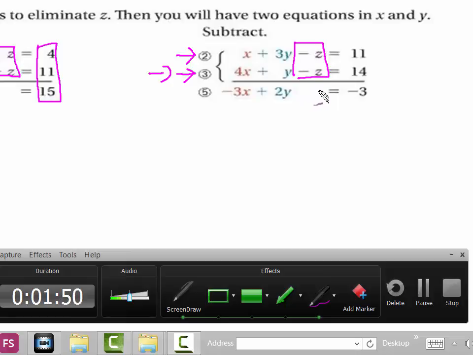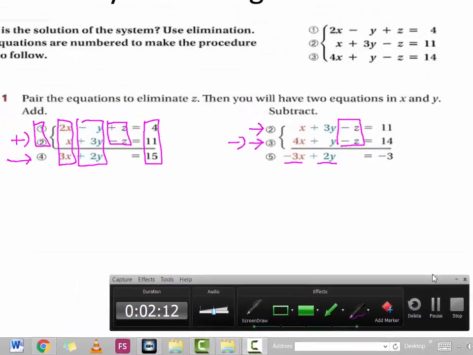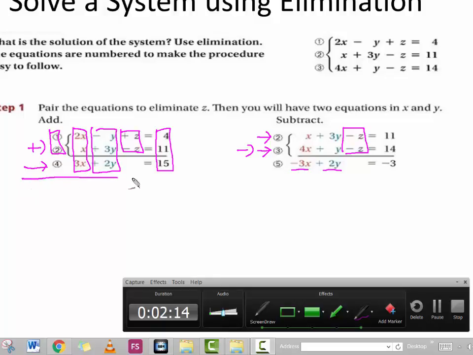That's how we eliminate z. Now x minus, remember the operation is minus here, x minus 4x, we get minus 3x. And 3y minus y, we get 2y left. And 11 minus 14, we get negative 3.